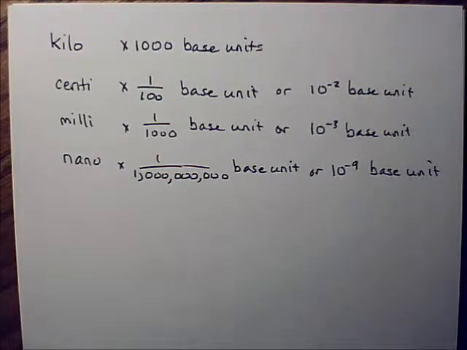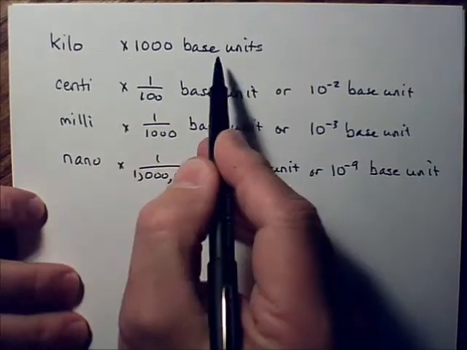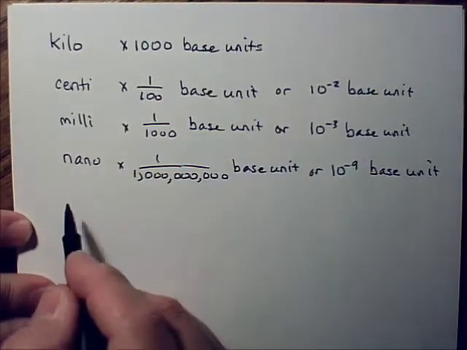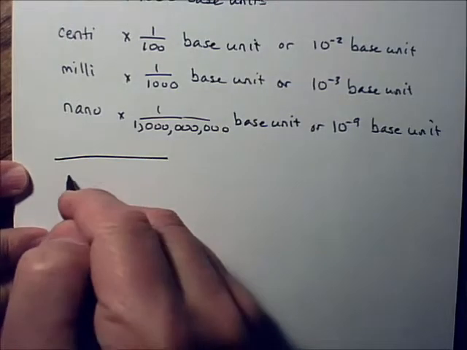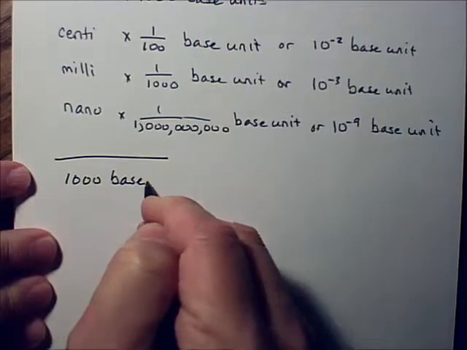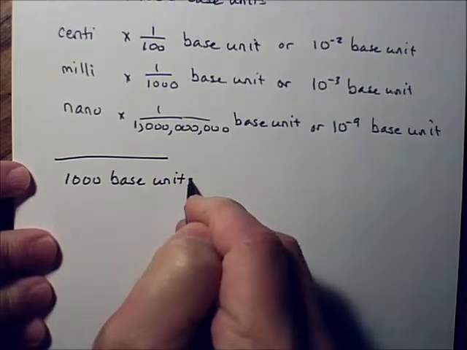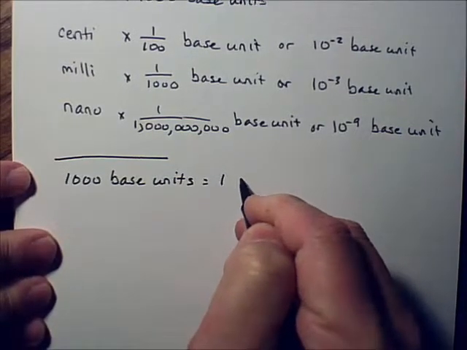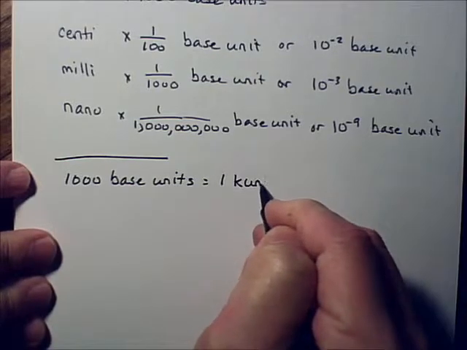Well, what in the world does that mean in terms of our use? Well, if a kilo is 1,000 times the base unit, then it's also true that 1,000 base units equal 1 kilo unit.